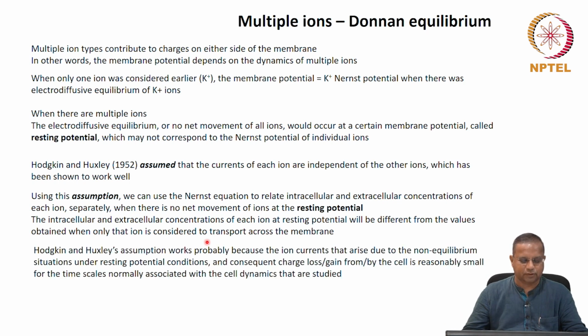And the Hodgkin and Huxley assumption works probably because the ion currents that arise due to non-equilibrium situations under resting potential conditions, and the consequent charge loss or gain by the cell, are reasonably small for the time scales normally associated with the cell dynamics that I've studied. I'd leave this sentence with you.